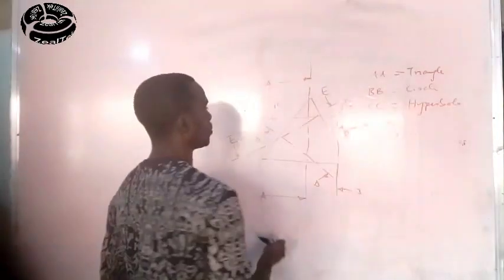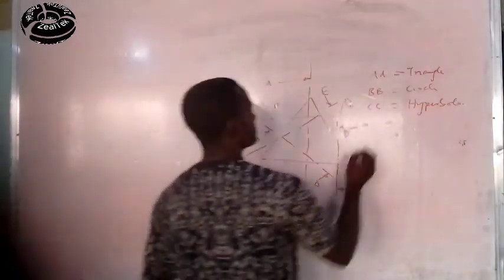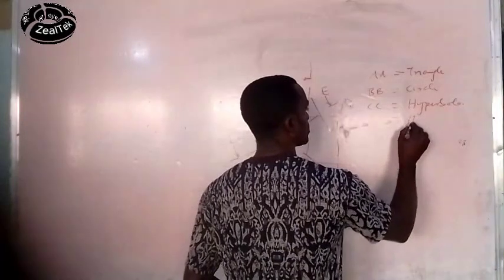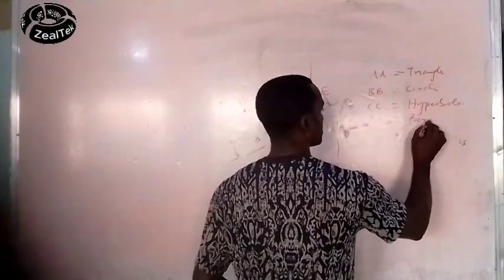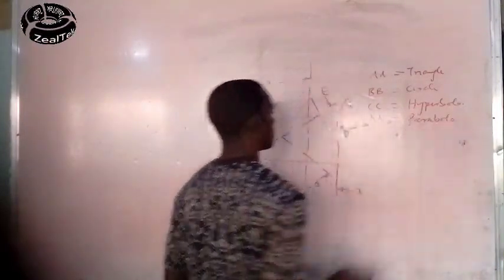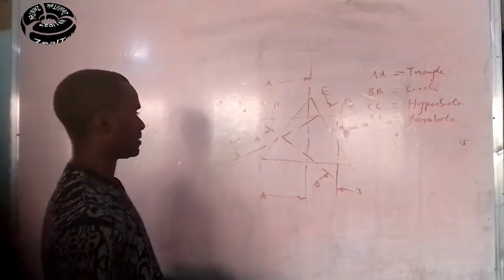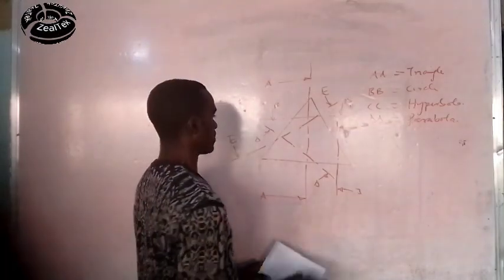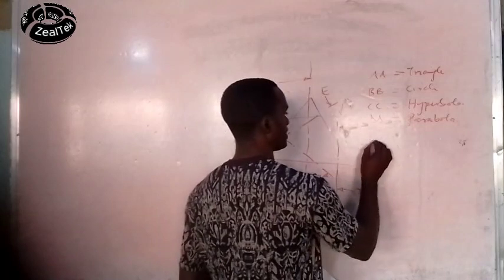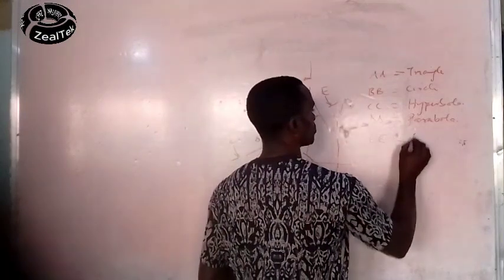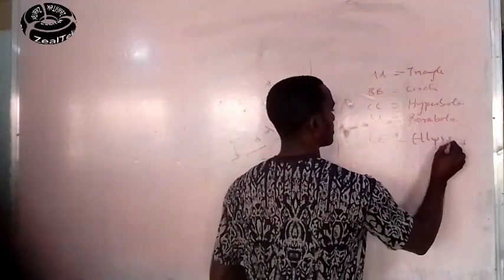When you cut it DD, you are going to get a parabola as a shape. And lastly, when you cut it EE, it is going to give us an ellipse.